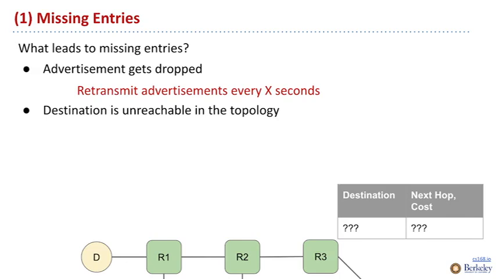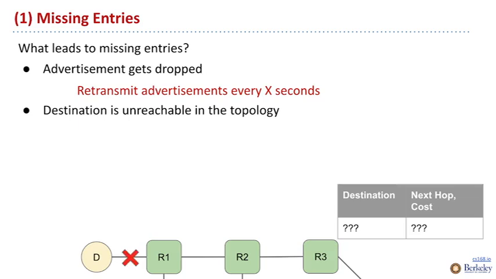How do we solve this advertisement getting dropped issue? Yeah. As long as we resend every certain number of seconds, right? As long as our link is not always dropping packets, it has some percent chance of making it, then if we just keep retrying, eventually the packet is going to make it. And so that works really well, actually.